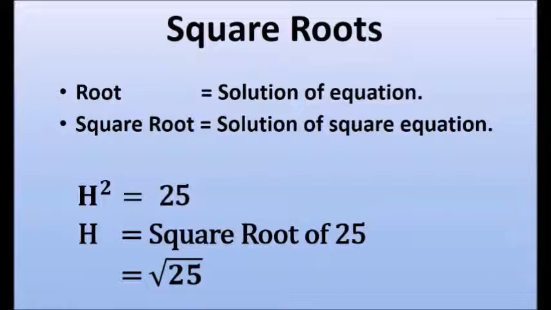To find the square root in this example, we need to think what value of h, when multiplied by itself, gives us 25. Or, thinking back to the physical square, we are seeking the length of a square that has an area of 25. How about an h of 4? Well, when we square 4, we only get 4 times 4 or 16. So that's too small. Let's try something higher. How about an h of 6? Well, an h of 6 gives us 6 squared or 36. So that's too large.